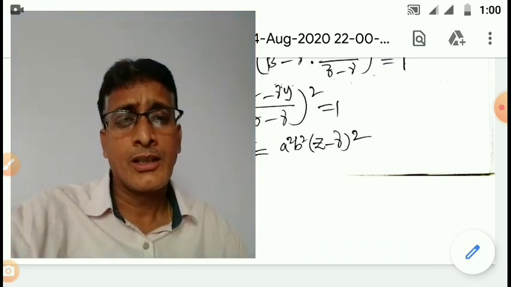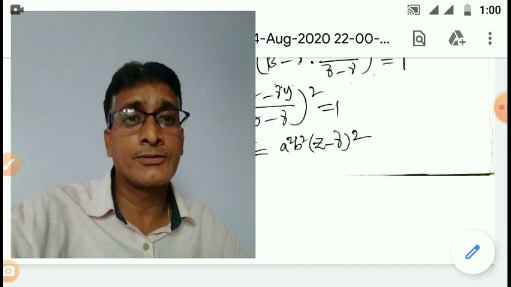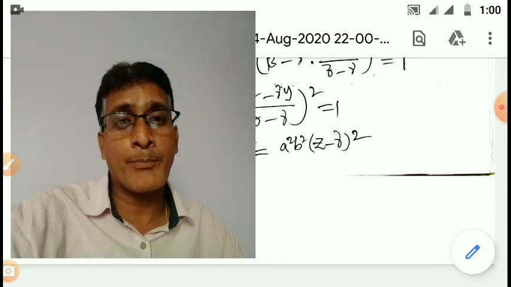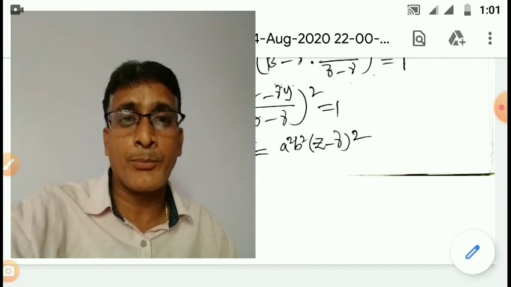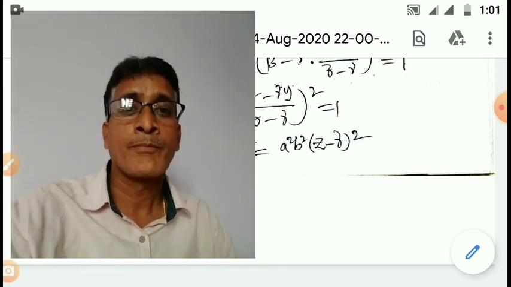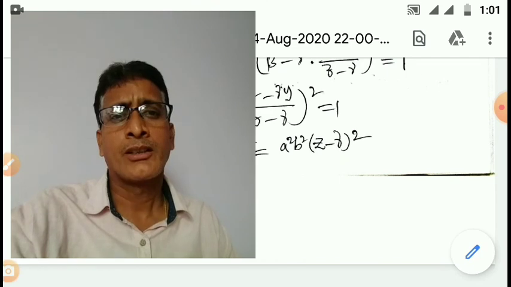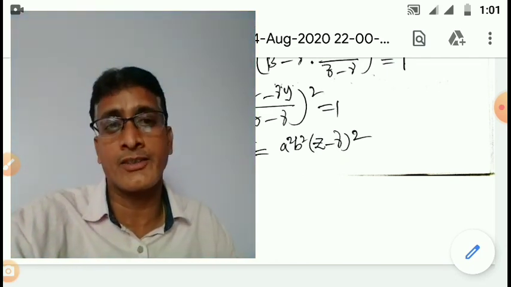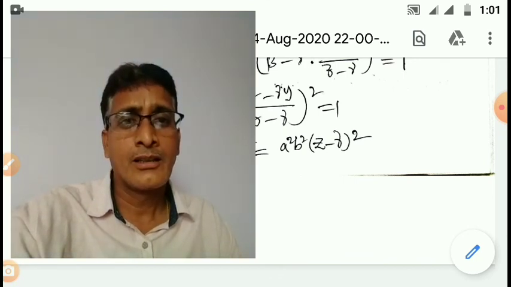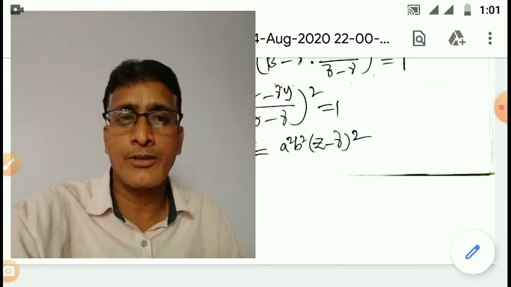The procedure is, in step 1 we find the equation of the generator, and we apply the concept that the generator meets the base curve, and hence we obtain the point where the generator meets the base curve, and substituting this point in the equation of the base curve and simplifying, finally we get the equation of the cone. This is the procedure when you are given the vertex and the base curve. To find the required equation of the cone, you have to follow this procedure. Thank you very much.